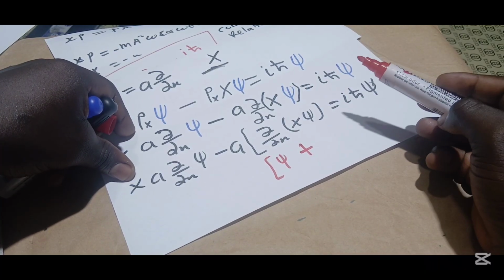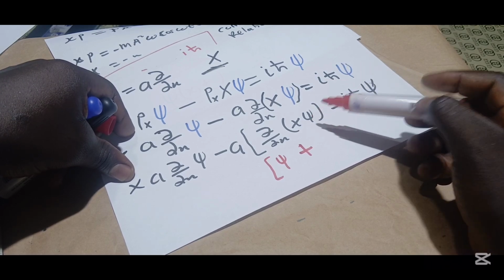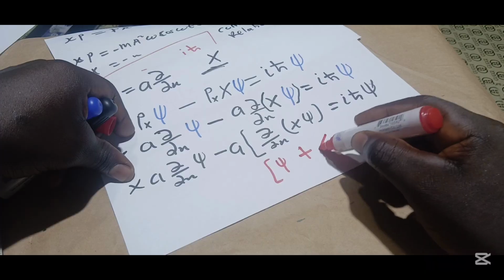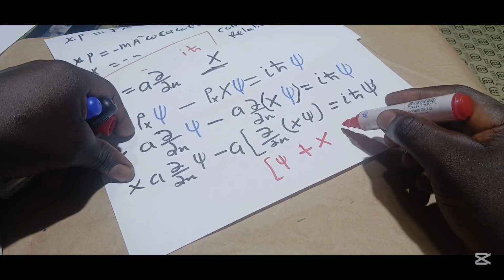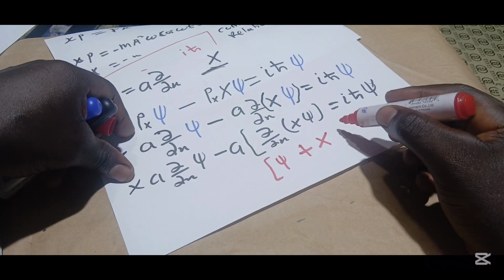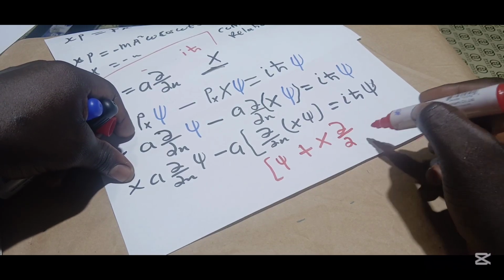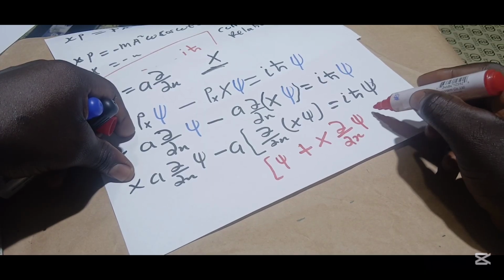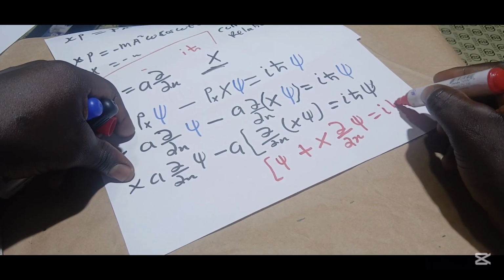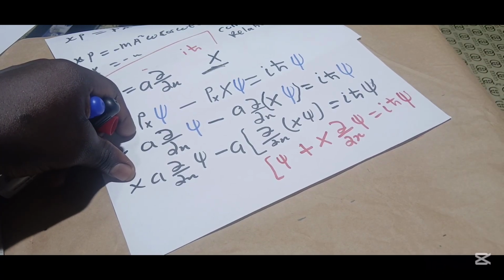And differentiating with respect to psi, we have the x here, multiplying d/dx of psi, and there is no x term to differentiate in that part. So it's just going to give us the same term, d/dx of psi, equated to i h cross, or h bar, times the wave function.